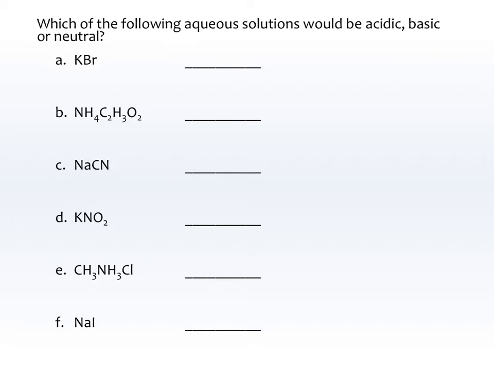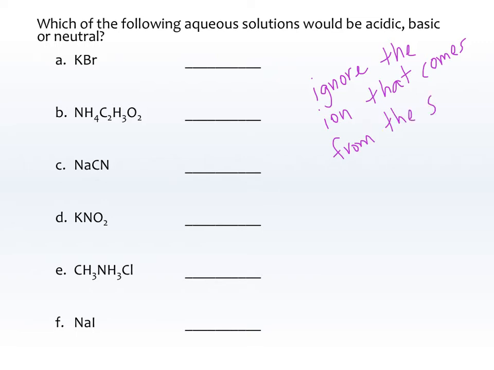What you're going to do is ignore the spectator ion. The spectator ion is the ion that comes from the strong acid or base, which means you have to memorize your strong acids and your strong bases. I'll write them here for you.